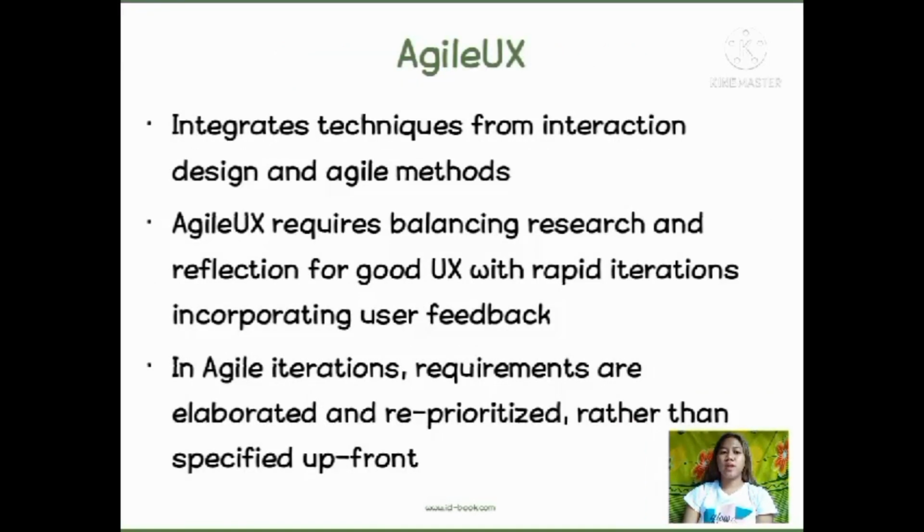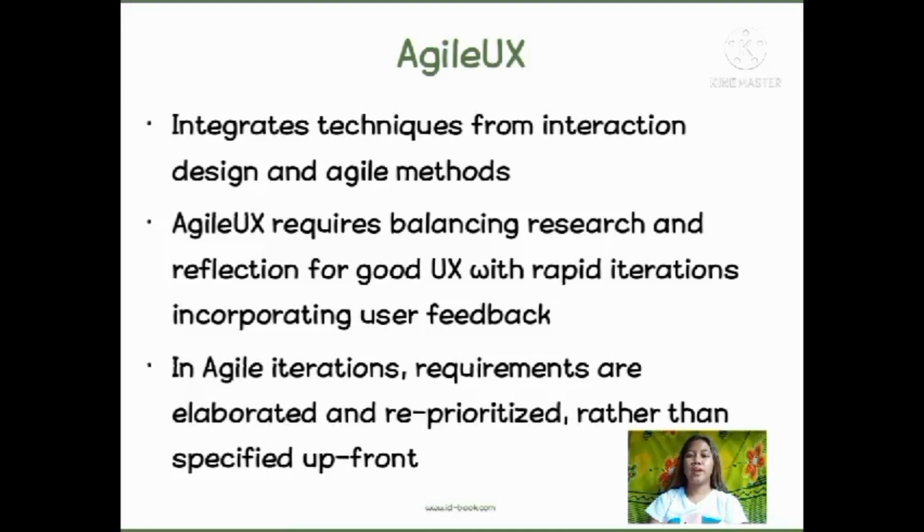Agile UX integrates techniques from interaction design and agile methods. Agile UX requires balancing research and reflection for good UX with rapid iterations, incorporating user feedback. In agile iterations, requirements are elaborated and reprioritized rather than specified up front.